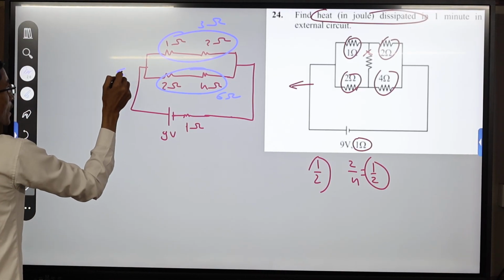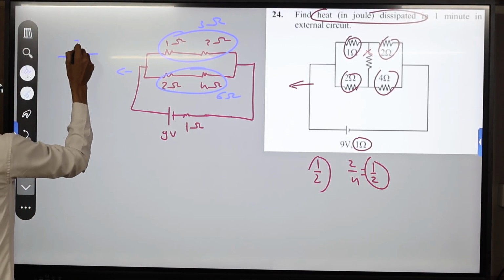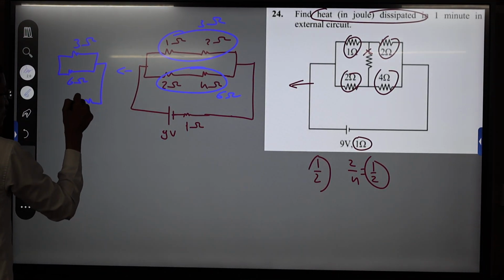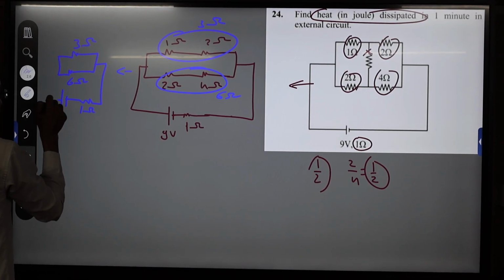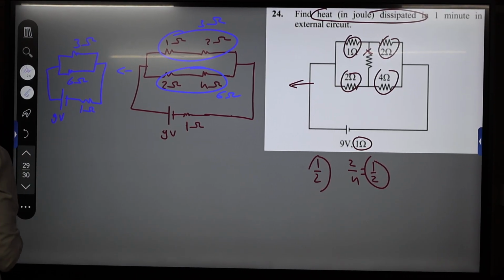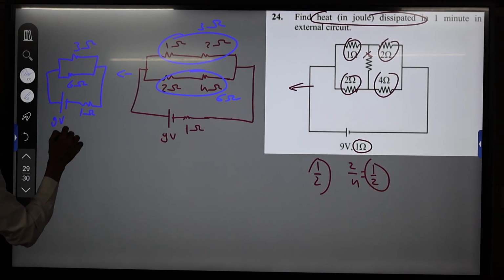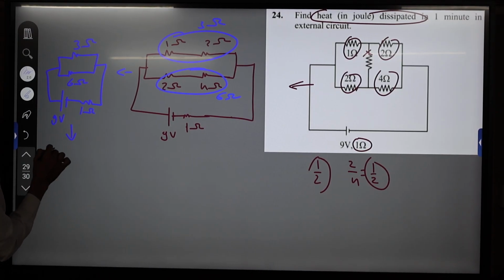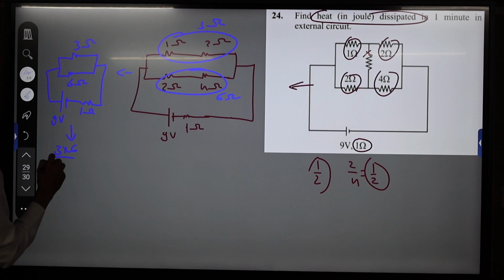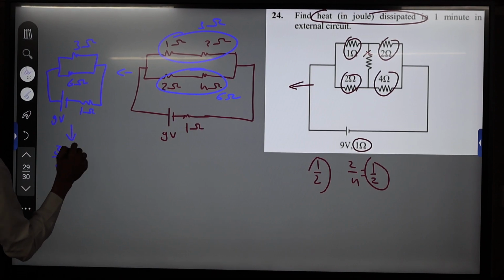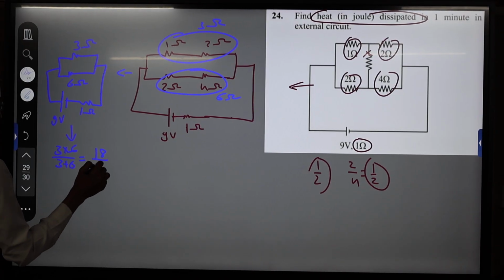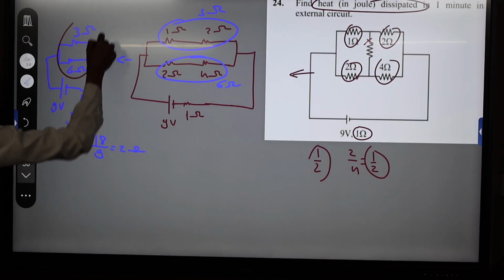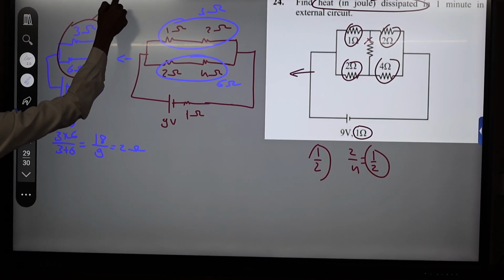Now write this circuit as 3 ohm, 6 ohm, 1 ohm and a battery of 9 volt. Now 3 and 6 are in parallel, so the equivalent will be 3 into 6 upon 3 plus 6, so 18 upon 9, so 2 ohm.